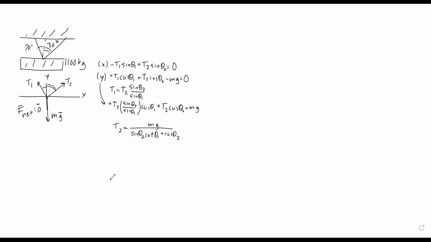So T1 is just found by mg, all this times the ratio of the sines.